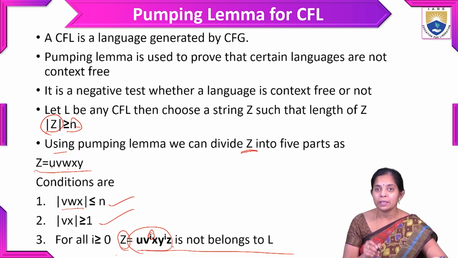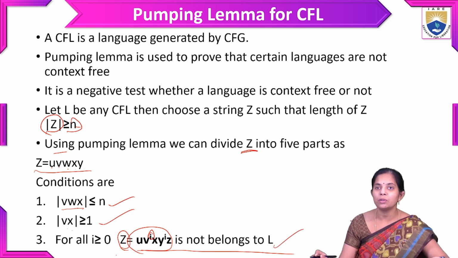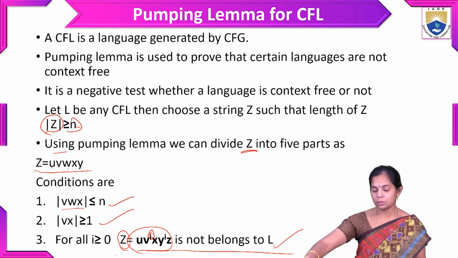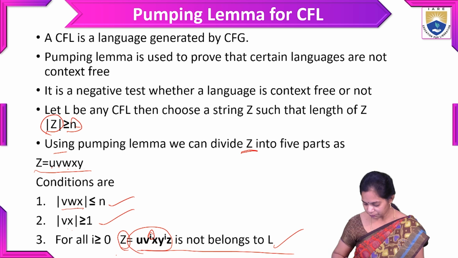After the value is given, we extract that string, and we check whether after extraction we still get the same type of language. If so, we can say that this language is a context-free language. These are the conditions we have to satisfy to prove that the given language is a context-free language.